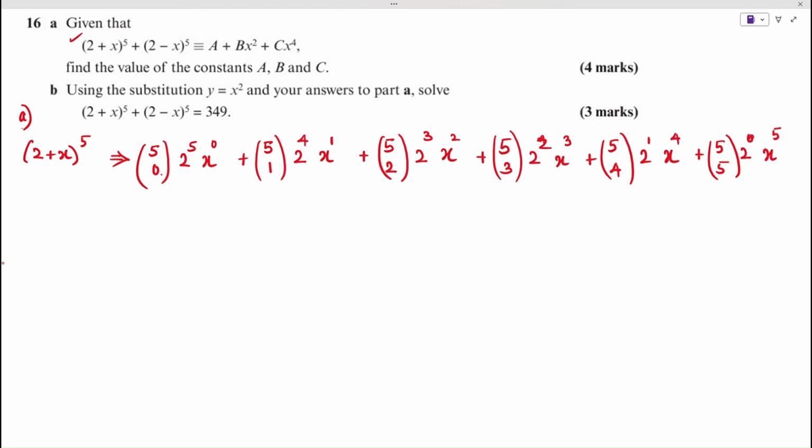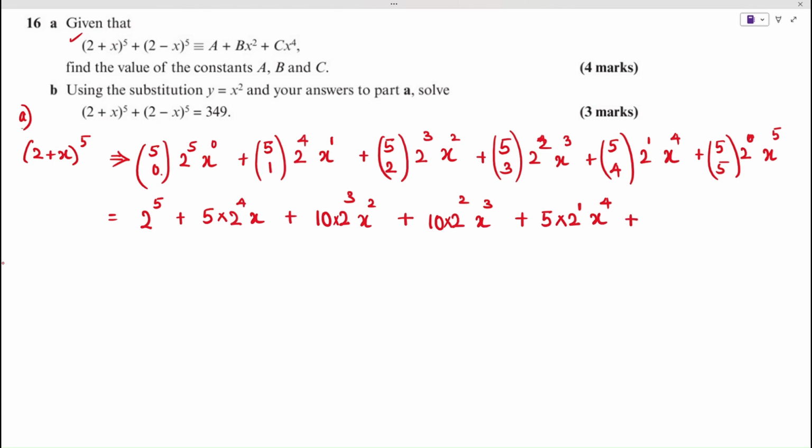Now if we use our calculator to find all the values, we get 2 to the 5, plus 5 times 2 to the 4 x, plus 10 times 2 to the 3 x squared, plus 10 times 2 to the 2 x cubed, plus 5 times 2 to the 1 times x to the power of 4, plus x to the power of 5.